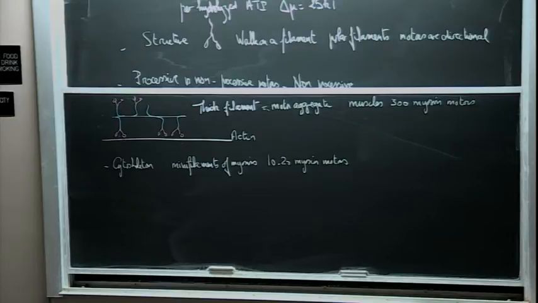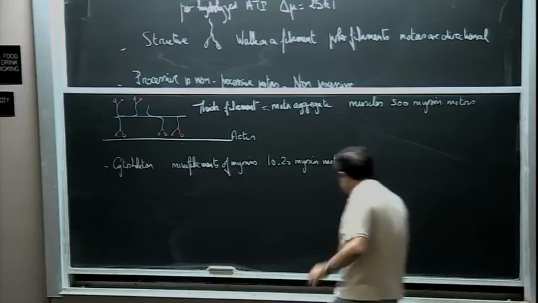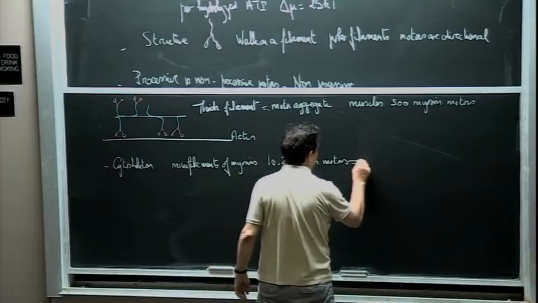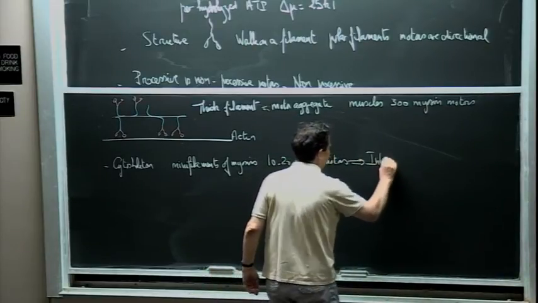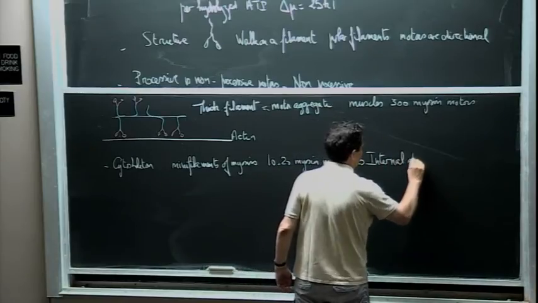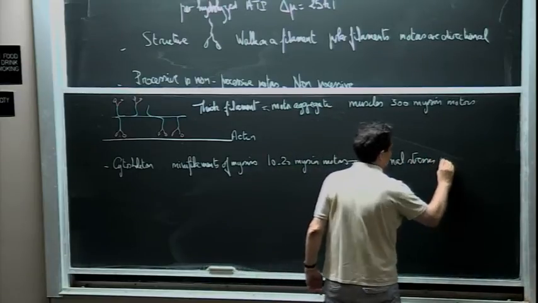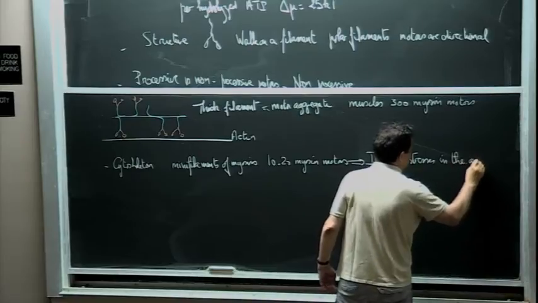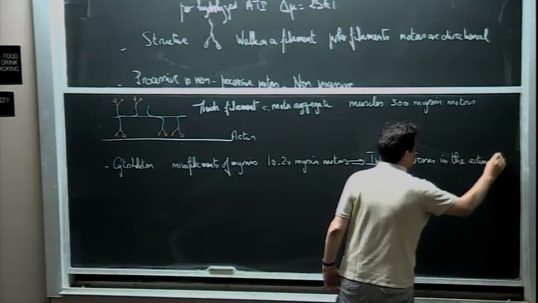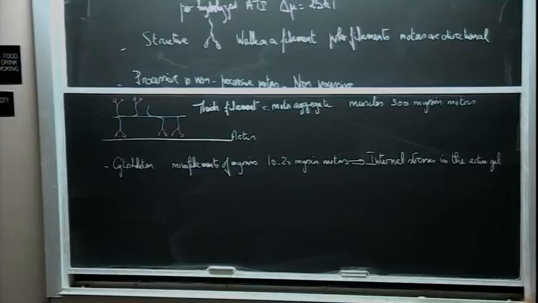Some of the motors can bind one actin filament. Some of the motors can bind another actin filament, and then they pull on them. So what the motors do in the cytoskeleton is they create internal stresses in the actin gel. I have a sketch of that.